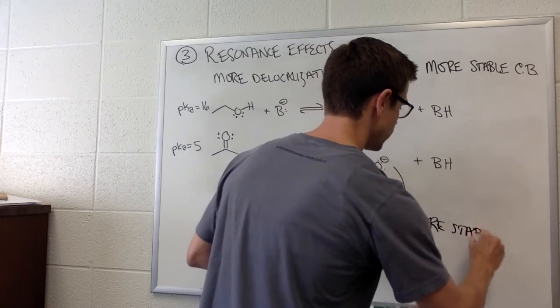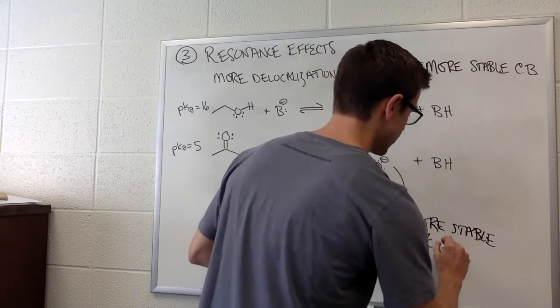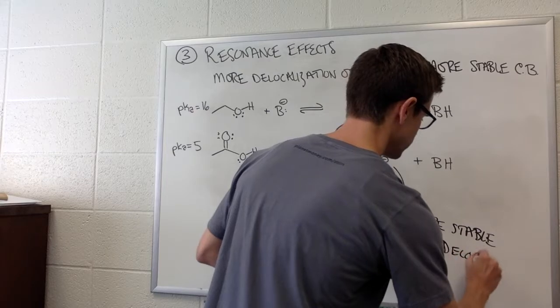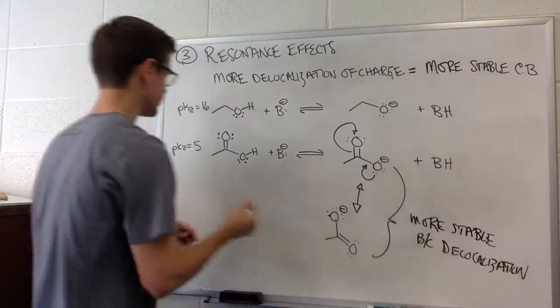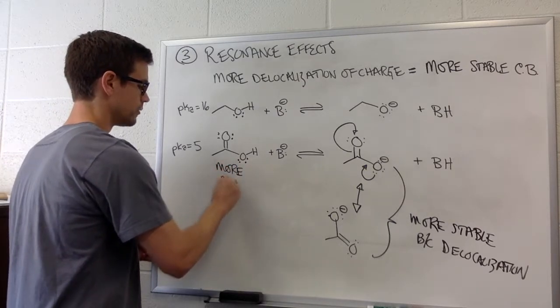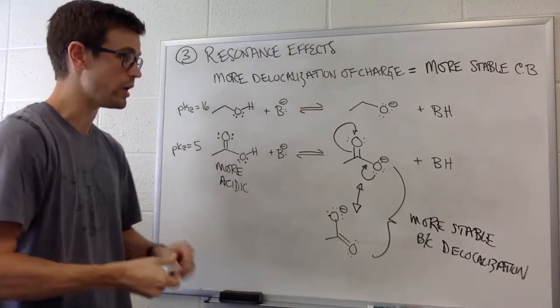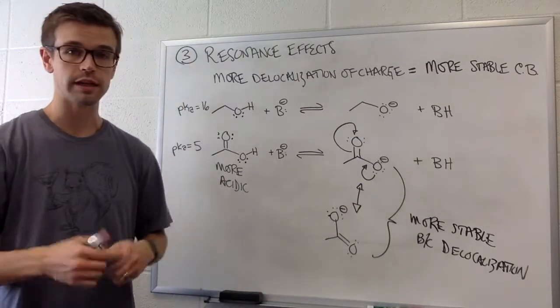So this is a more stable conjugate base because of the delocalization. So if it's more stable, then that tells us that this is more acidic, because if we have a weak conjugate base, that tells us that the starting acid is more acidic.